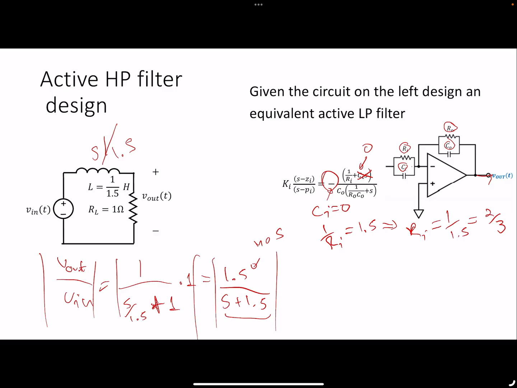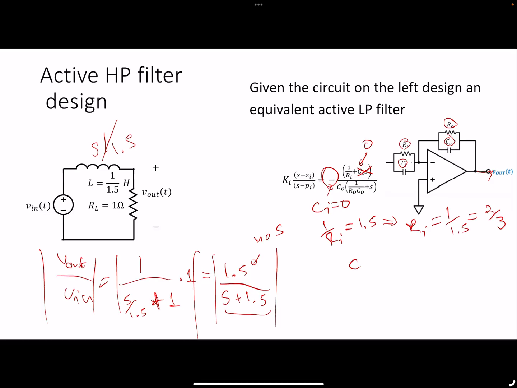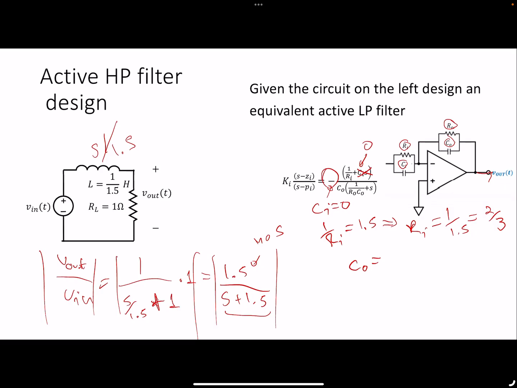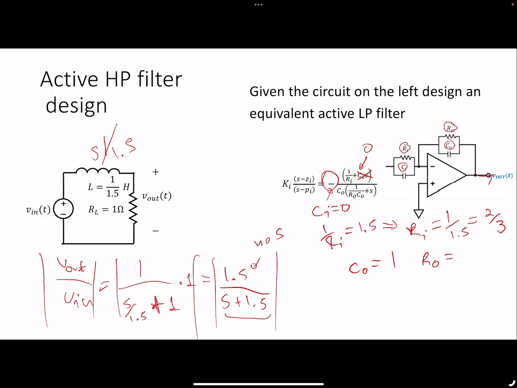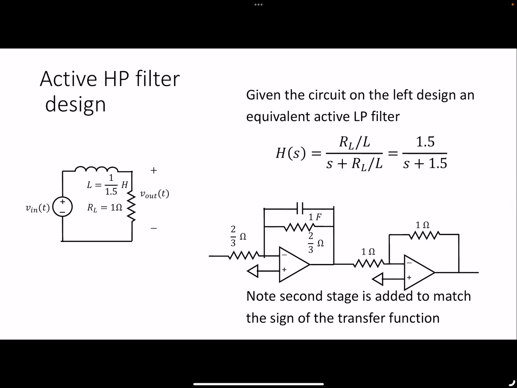So we can choose Co. What would Co have to be? And then Ro has to be 1 over 1.5. Yeah, so that's basically how we would design our amplifier.